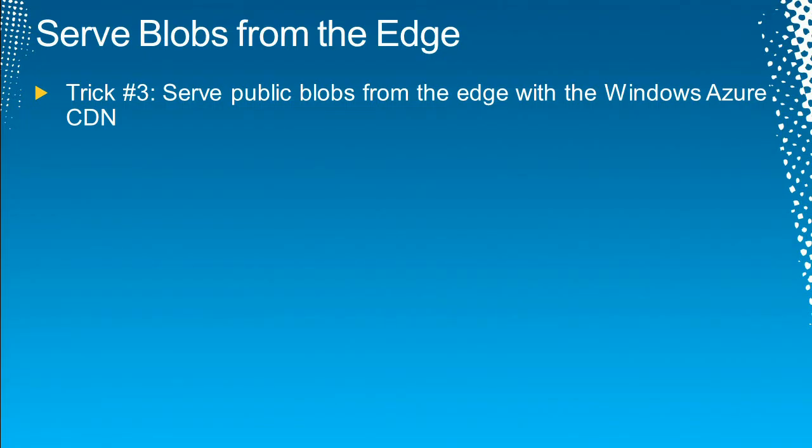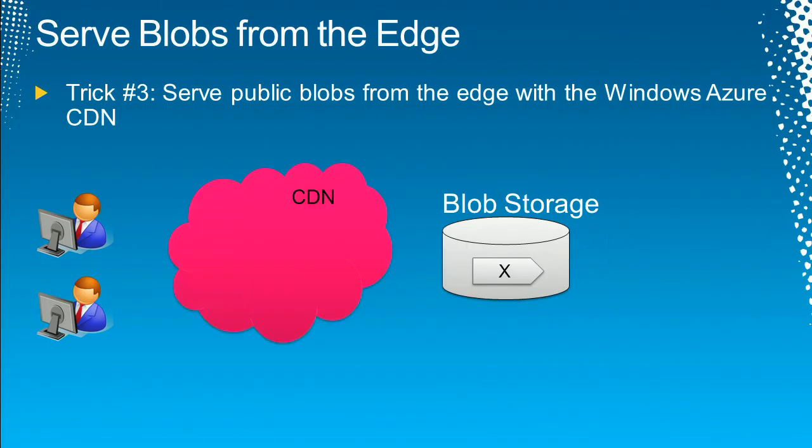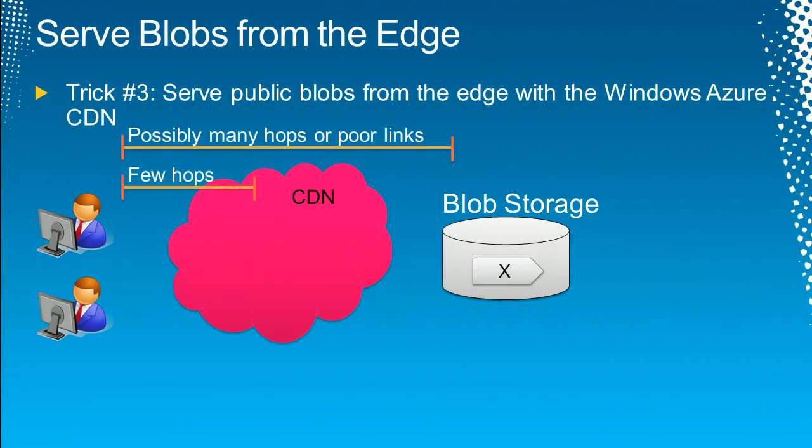Let me show you a picture of how this works. Suppose that we've got two users in Brazil, and we've got a public container in Northern Europe in blob storage, and those Brazilian users want to access this public container. We've also got a content delivery network, and that content delivery network has what are called points of presence around the world, little deployments inside of internet peering stations where there's lots of bandwidth and where many ISPs come together.